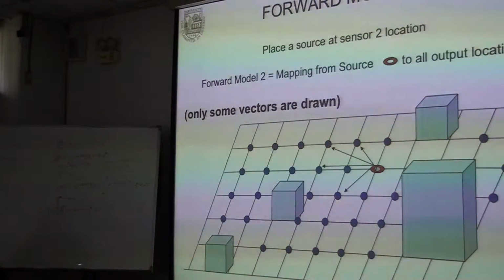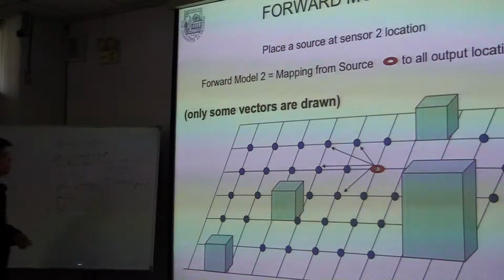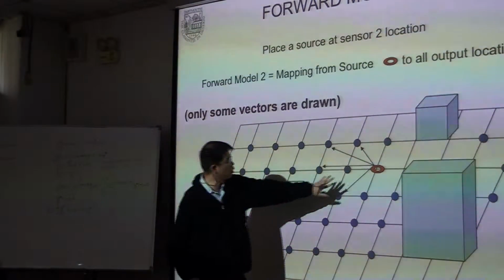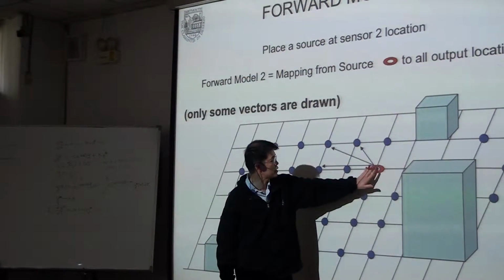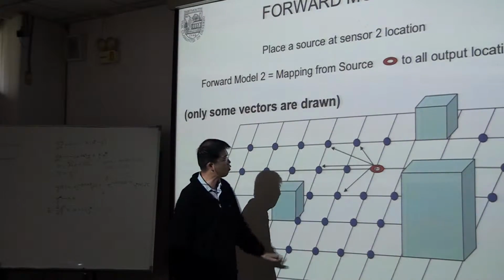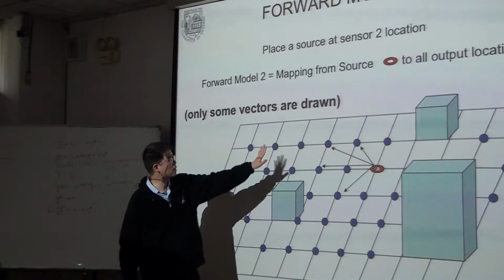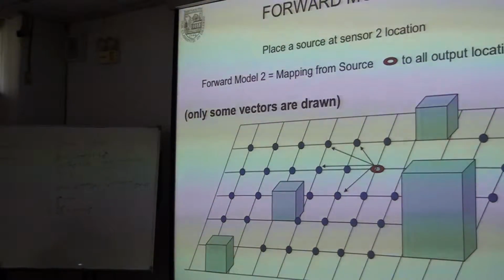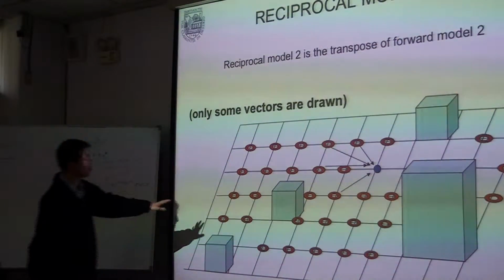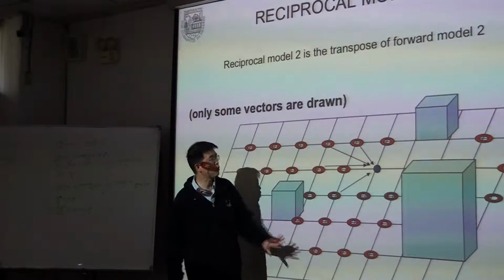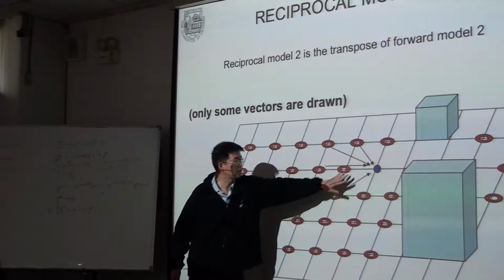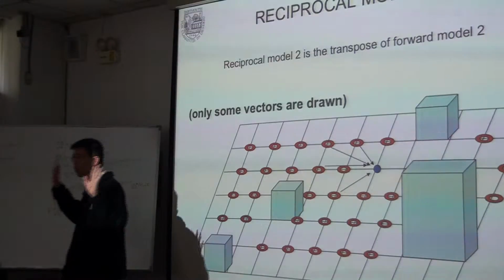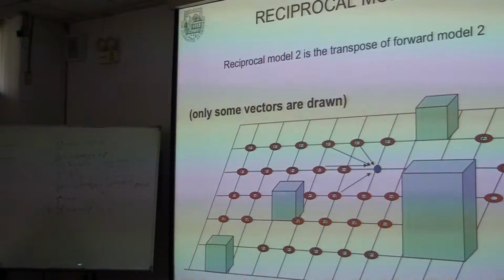Now for the second sensor location, we have a forward model. If the source is here, we can have a forward model that goes to all these different sensor locations, and then we do a reciprocal operation and get the reciprocal models from all these possible source locations to that sensor. So the only information we need are 2 forward models.